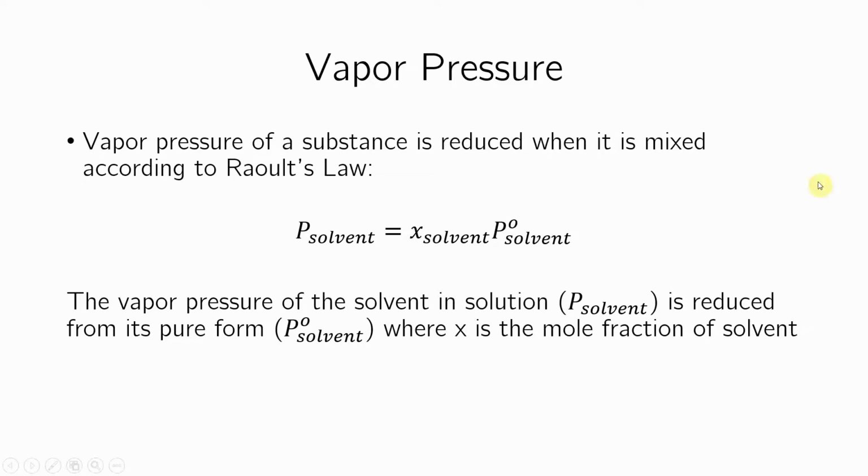And the relation is that the pressure of the solution is equal to X, the mole fraction of the solvent, times the vapor pressure of the solvent if it was by itself pure. Okay, and I'll show you an example, so don't worry about that.